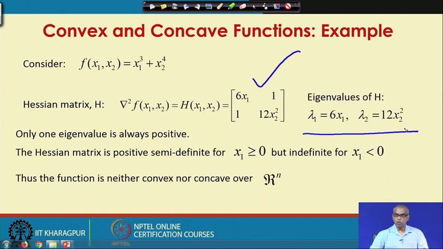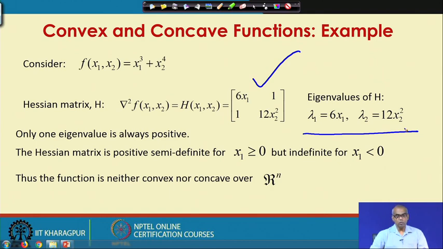The eigenvalue 12x2 squared is always positive if x2 is nonzero. If x2 is 0, it is 0. So, it is never negative. But the other eigenvalue 6x1 will be positive if x1 is positive, 0 if x1 equals 0, and negative if x1 is less than 0.